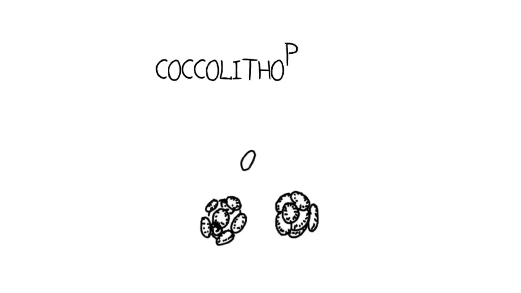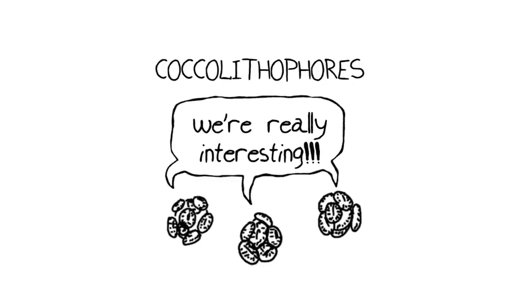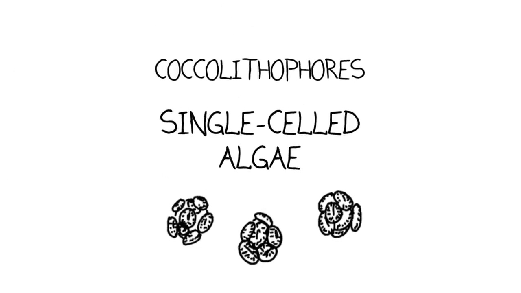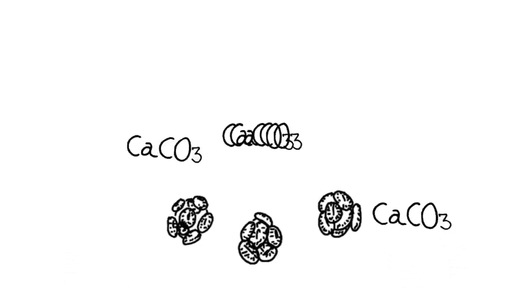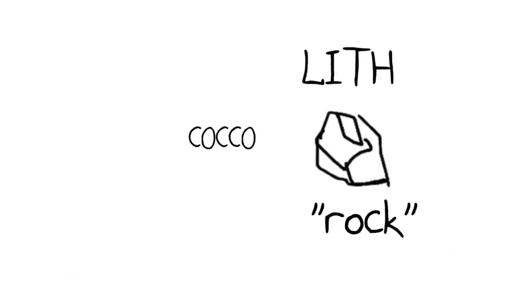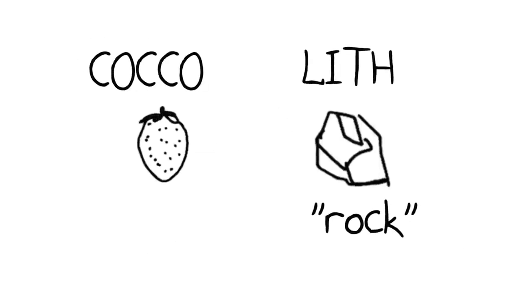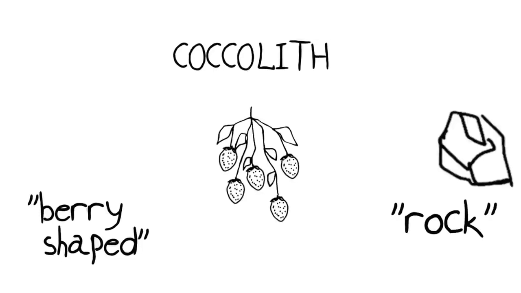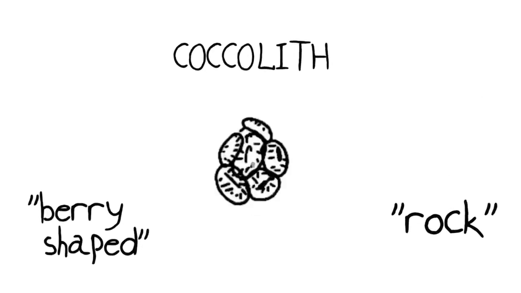Now, coccolithophores are really interesting, somewhat mysterious, single-celled algae that also take up calcium carbonate from the ocean to make a coccolith. Lith means rock, and coco roughly means berry-shaped. So these organisms are shaped like tiny fruit, but with a rocky covering.